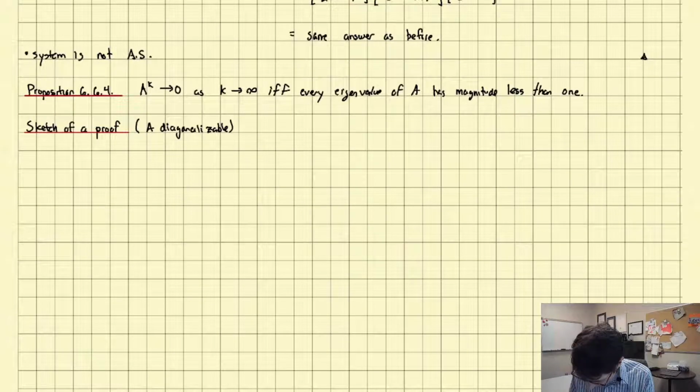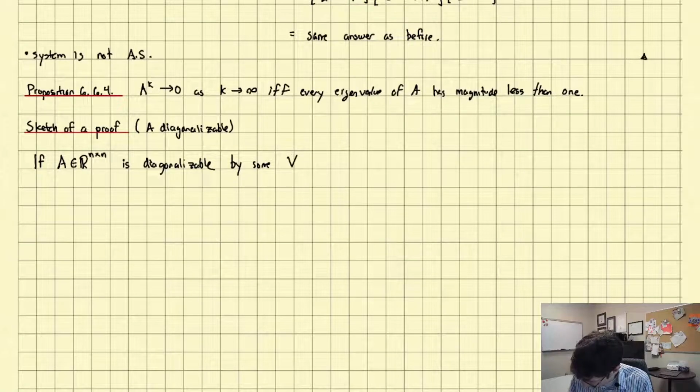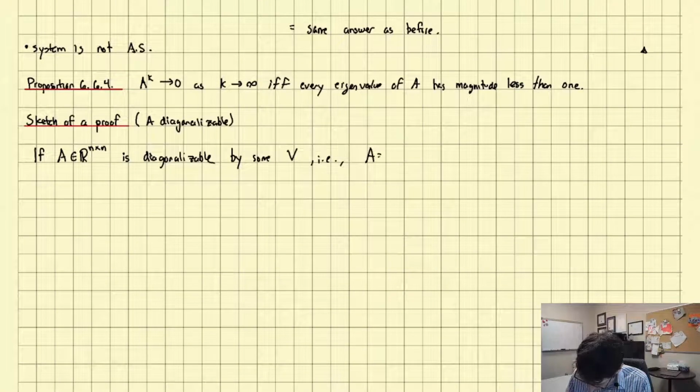So if A is diagonalizable, which means the condition is that it has linearly independent eigenvectors, which is implied by having distinct eigenvalues. Let's say it's diagonalizable by some V, i.e., just like above.